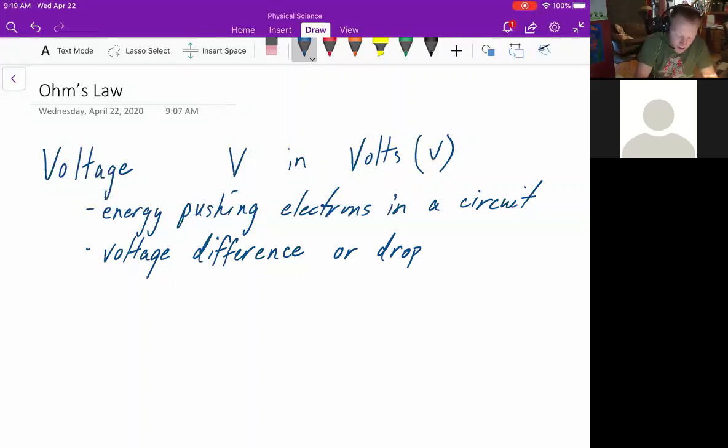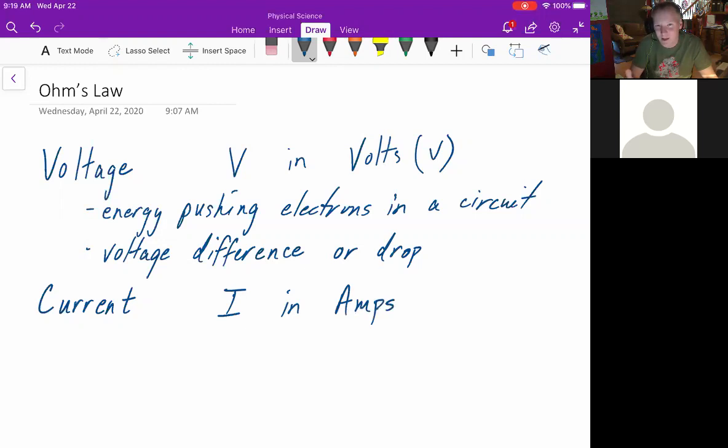Second one is current, which for reasons that I haven't found is abbreviated with a capital I, and it's measured in amps. Sometimes we lengthen that to amperes, which is the Americanized version of the scientist's name, Ampere, but amps is the most common, and we abbreviate that with a capital A. These are capitals because they are named after people.